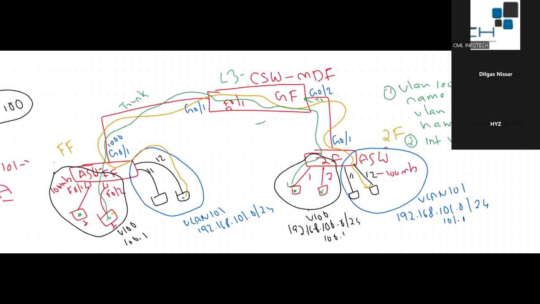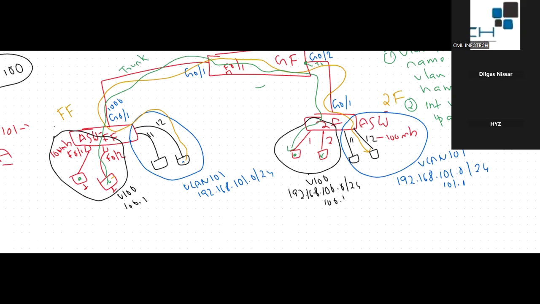Okay, then IP address 192.168.100.1, 255.255.255.0. Same way, interface VLAN 101, same IP address configuration. Once you configure the IP in the core switch, you have to enable the command called IP routing.